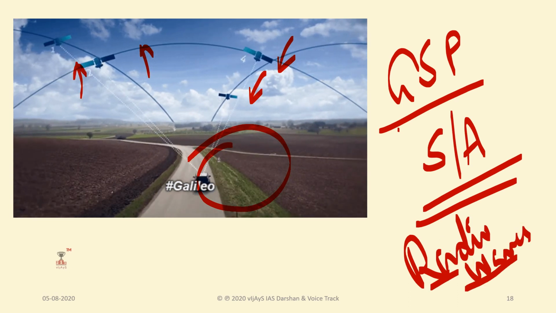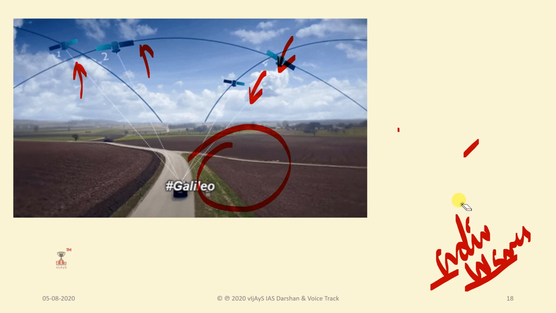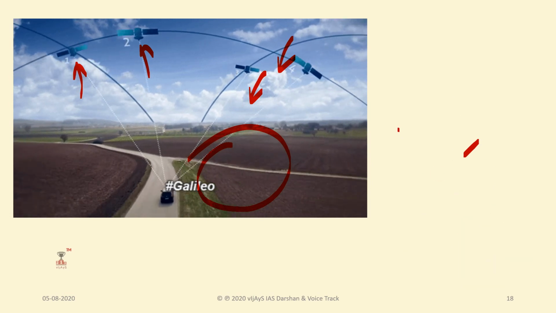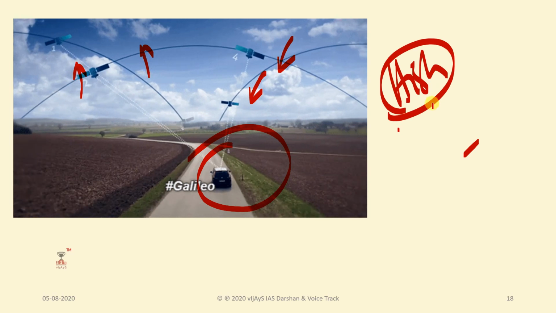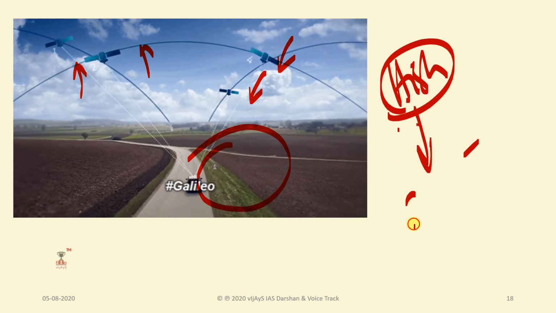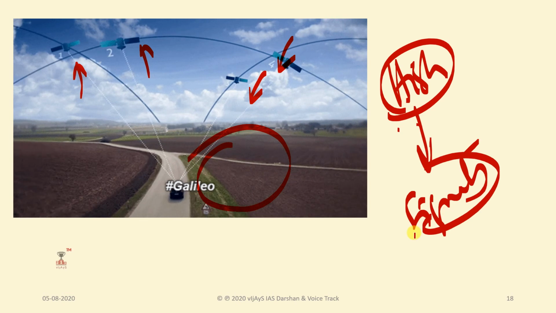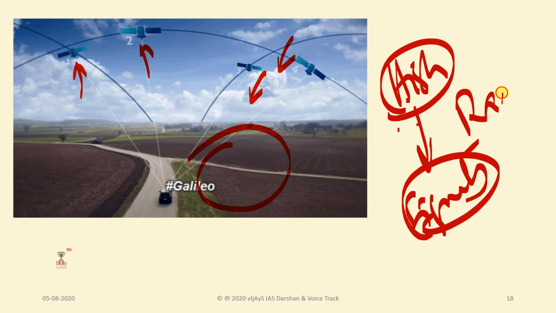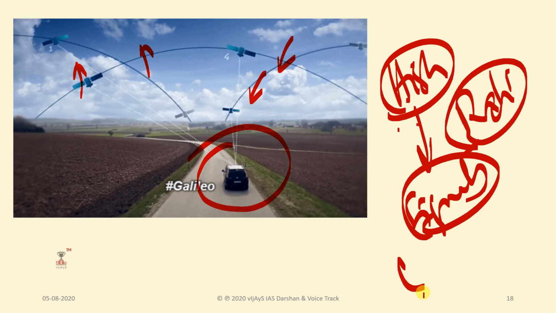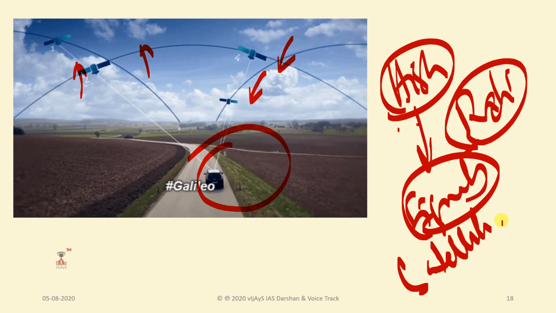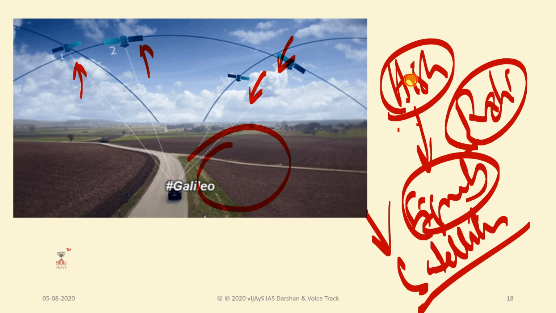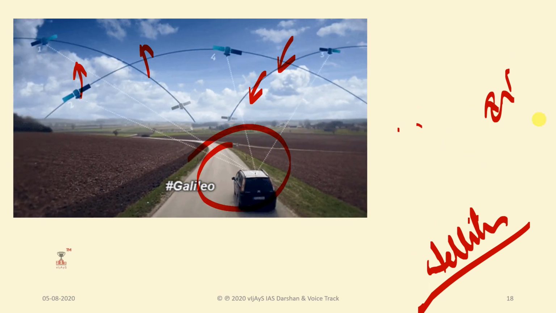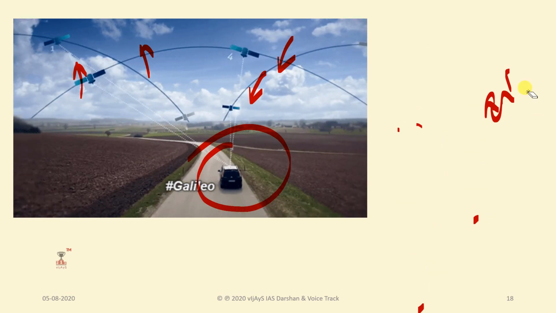The next one: this will allow electronic receivers to determine their location to high precision. Their location will be given with very high precision, and it will be given by signals along with line of sight radio waves through the satellites. Radio waves will be sent, and then it will make it accurate.